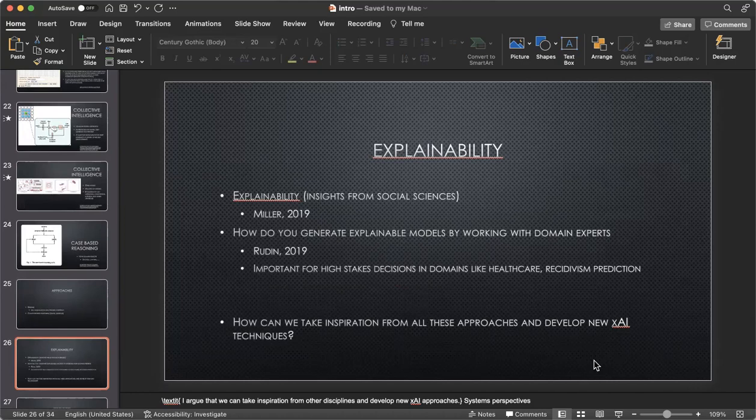Another paper is on building models by working with domain experts. Really, this course is about reflecting on all the approaches that we have seen so far, and how we can take inspiration from all of these. Given that we now have huge amounts of data and modern deep learning approaches, how can we use all of these techniques to develop new explainable AI approaches?